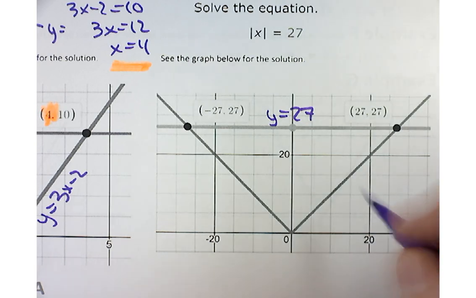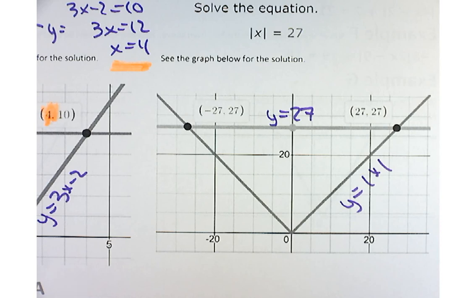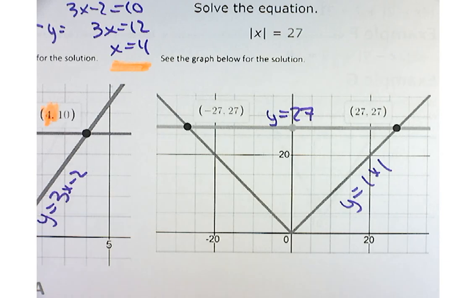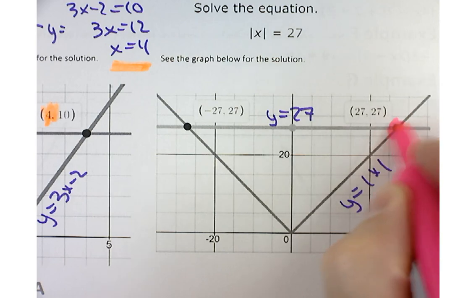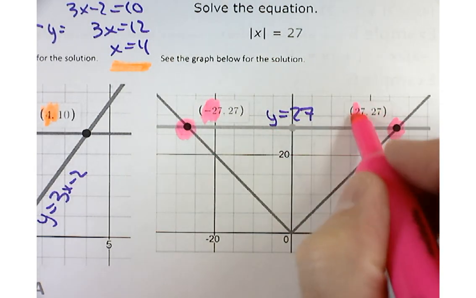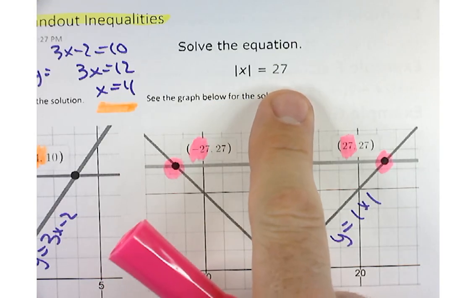And then I've got this, which is y equals the absolute value of x. The big thing I want to get across to you is this. How many solutions do I have for this equation? Two, right? Two solutions. There's two places, at negative 27 and positive 27, two different things that you can plug in here to make this work.